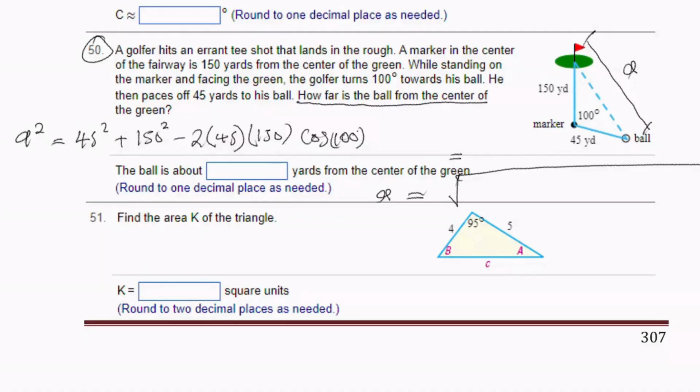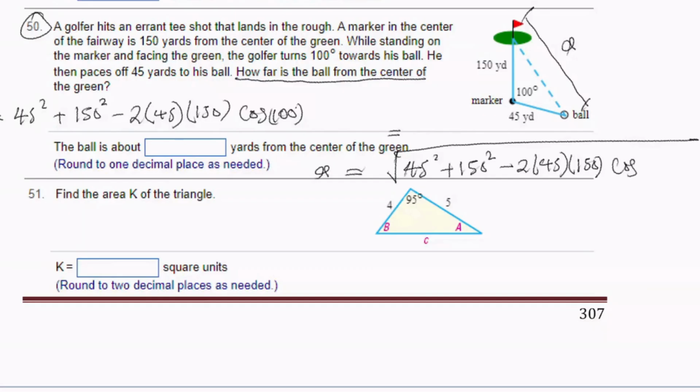So I'll just go ahead and punch this on a calculator: 45 squared plus 150 squared minus 2 times 45 times 150 times cosine 100. Remember, when you're putting this in a calculator, just write it the way it is: 45 squared plus 150 squared minus, so this is a product, 2 multiplied by 45 multiplied by 150 multiplied by cosine theta.